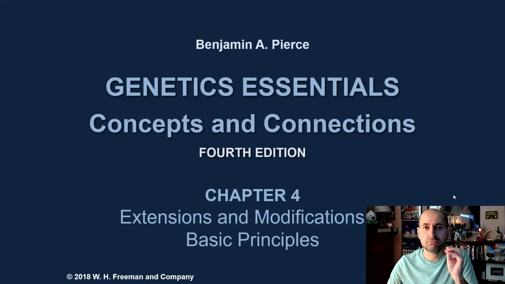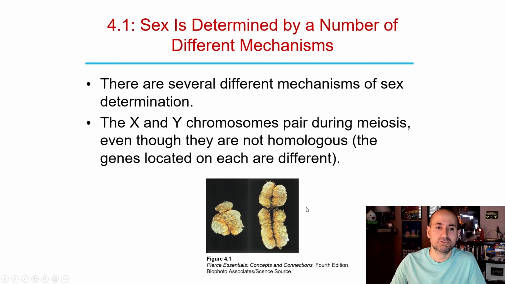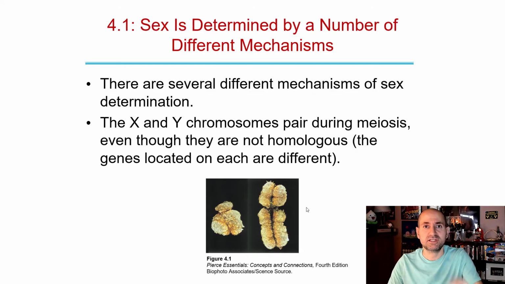And one of the main ways they arise is by dealing with the sex chromosomes, because the sex chromosomes are different in the different sexes of a species, right? So you've heard of the X and Y chromosome. The X chromosome has to do with female-ness and the Y chromosome with male-ness.